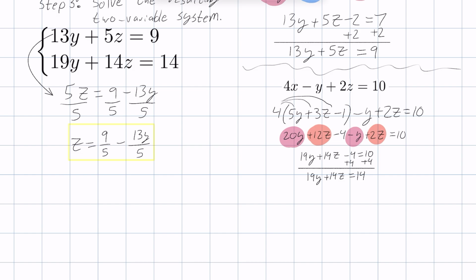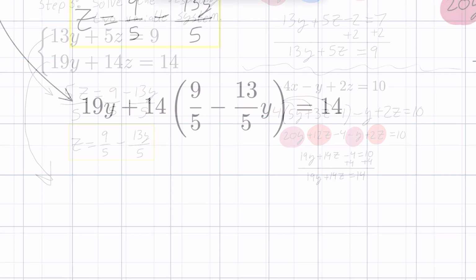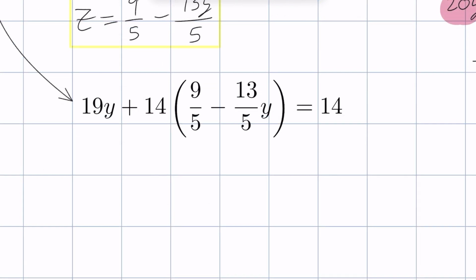We're also going to plug that value into the lower equation, because we could think of 14 as 14 over 1 and then distribute that fraction. This means we're only multiplying numerator by numerator and denominator by denominator. So we get 19y plus 14 times 9.